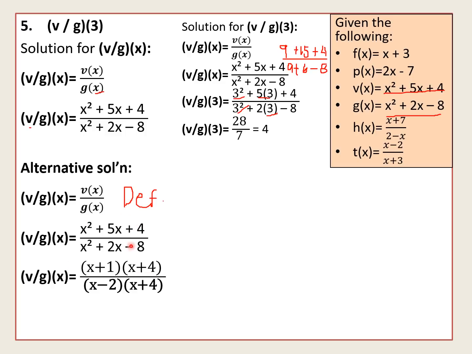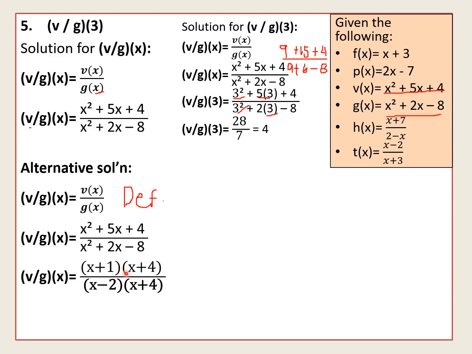Okay? So, let me repeat. If the trinomial is factorable, then you're going to look for the factors. We do trial and error here. After getting the factors, what is our goal? Why do we need to factor the trinomial? Because we look for common factors in the numerator and denominator.